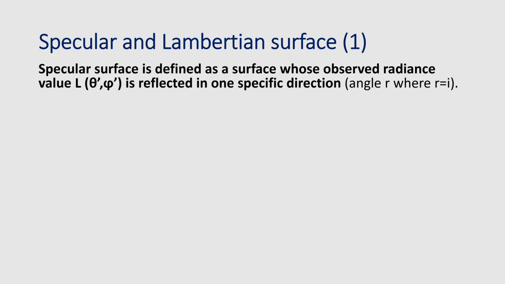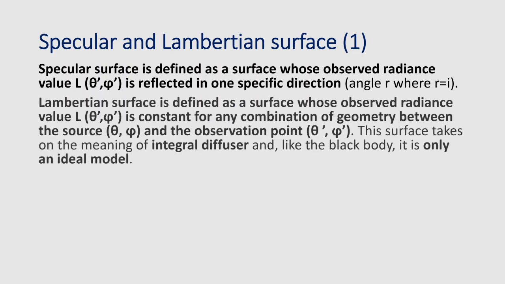So, specular surface is defined as a surface whose observed radiance values L that are referred to theta 1 and phi 1, so this is the reflected or emitted energy, is reflected in one specific direction, where R is equal to I. So that means that are specular all the surfaces in which the incident angle is equal to the reflection angle.